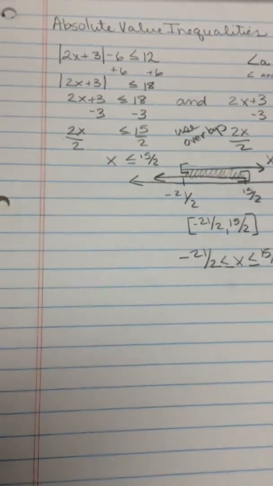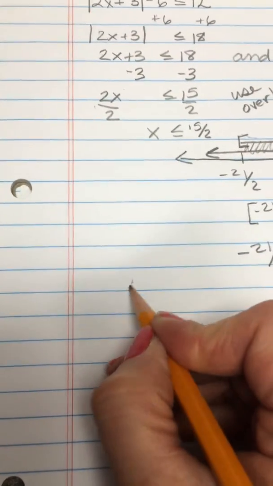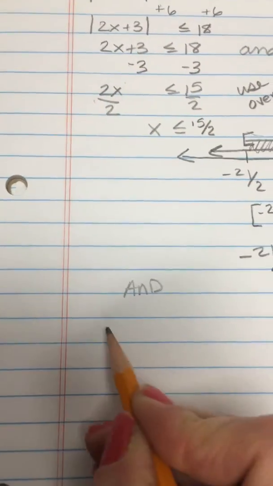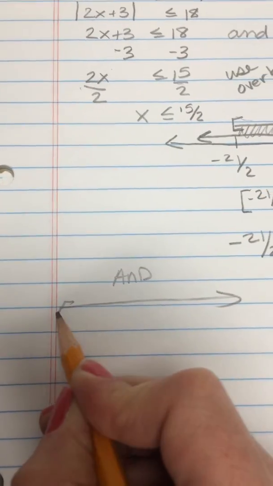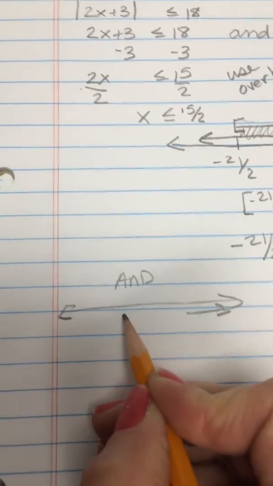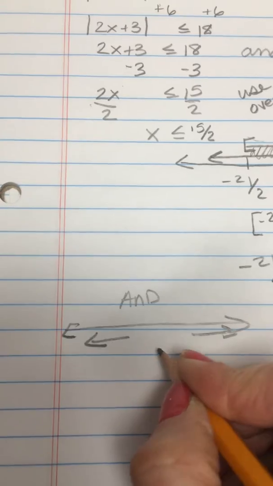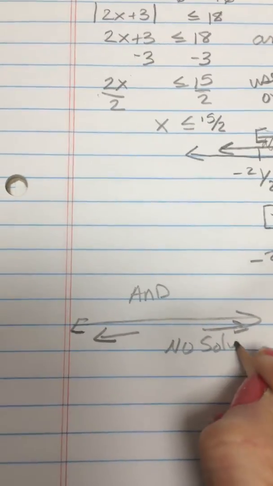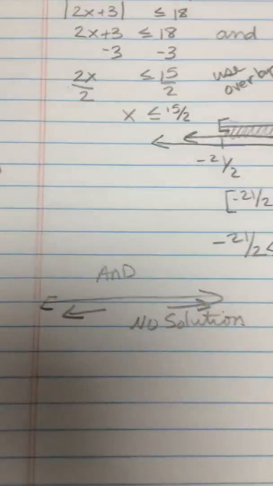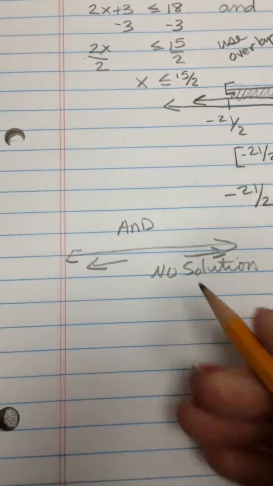Few side notes. If you were dealing with an "and" and you graphed it, and one went this way and the other went this way, there would be no solution because there would be no overlapping section.